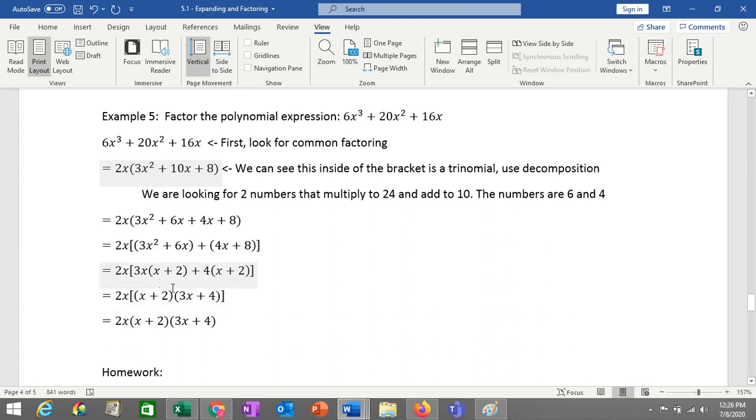There's nothing that says I must multiply x plus 2 times 3x plus 4 first, and that's what the square brackets are telling me. It's saying do this first. Well, it doesn't matter. It's multiplication. The order doesn't matter. So I drop those, and I get the nicer looking final answer there. So that is this in factored form. And again, if you expanded all this, you should get back to this.